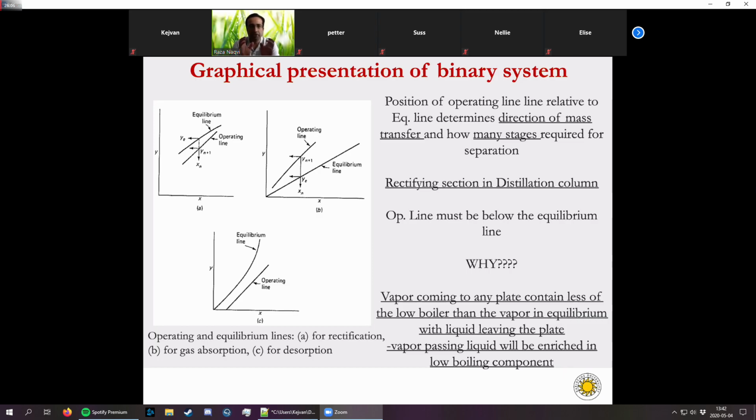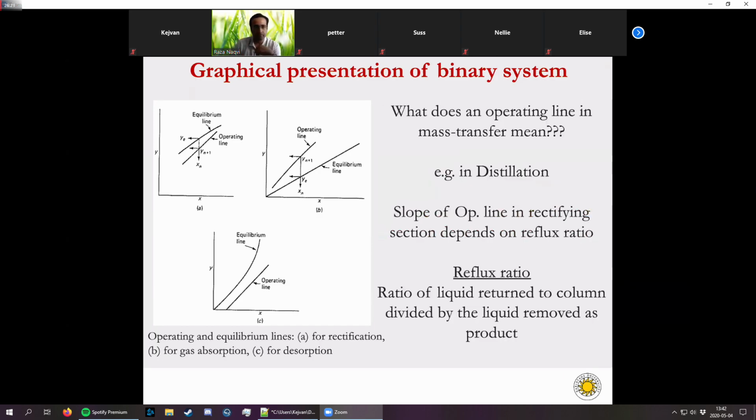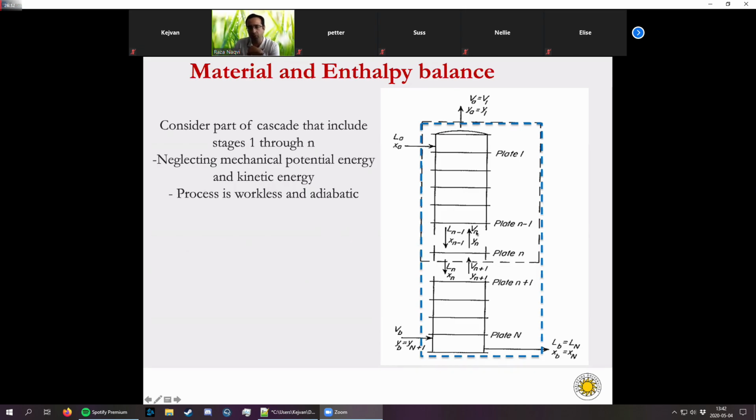In distillation, the reason is that vapor coming to any plate normally contains less of the low boiler, which is also called the more volatile component. So the vapor coming to any plate contains less of the more volatile component than the vapor in equilibrium with the liquid leaving the plate, right? If we look at this picture, the mole fraction of the more volatile component yn will be much higher than yn plus 1.